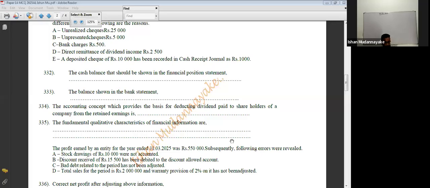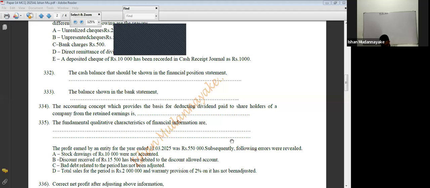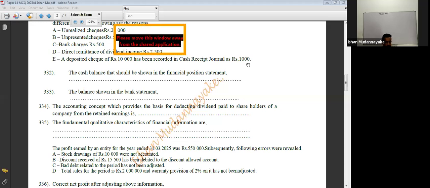We'll move into question number 335. The fundamental qualitative characteristics of financial information are... What's the answer?